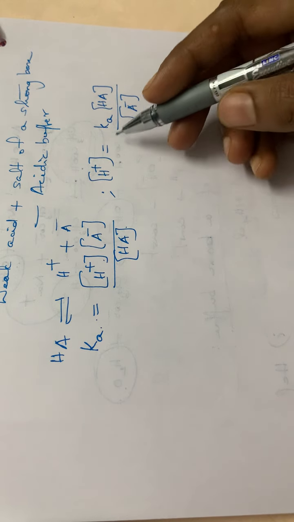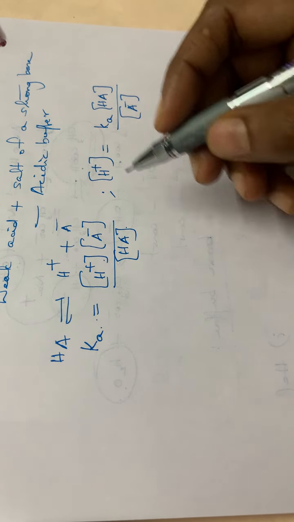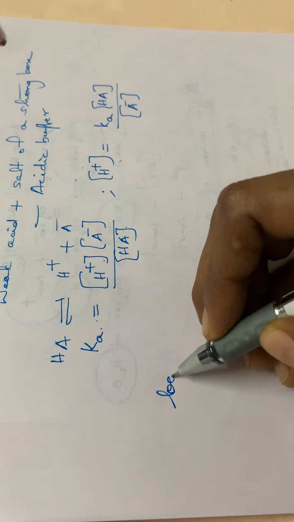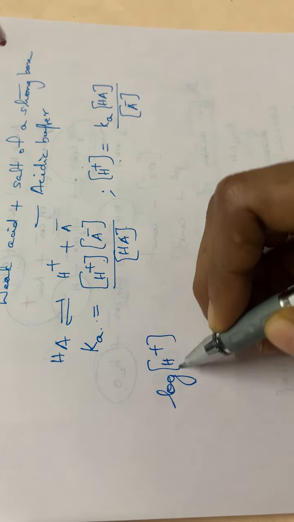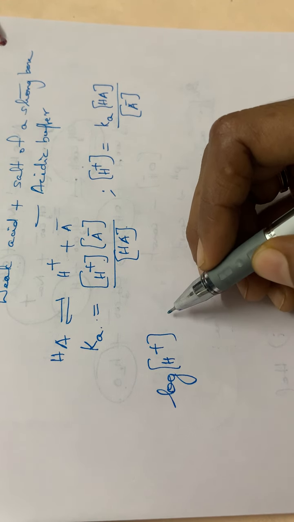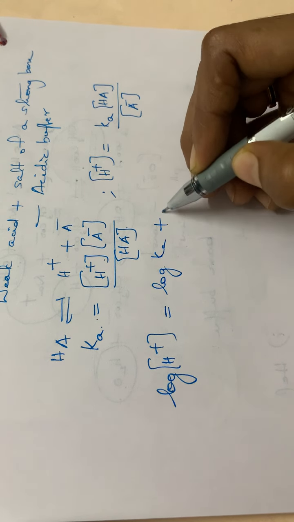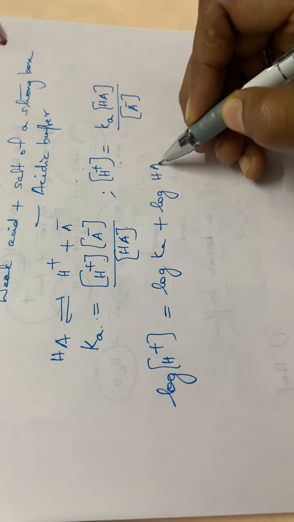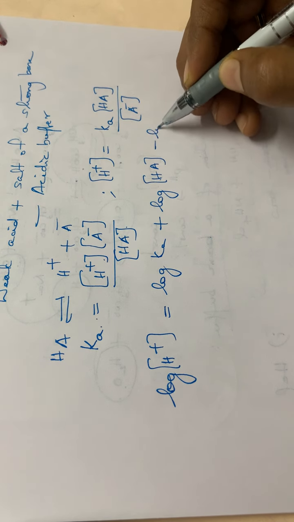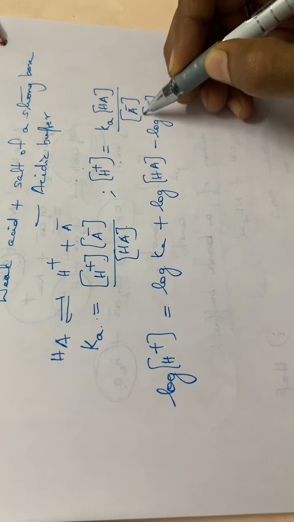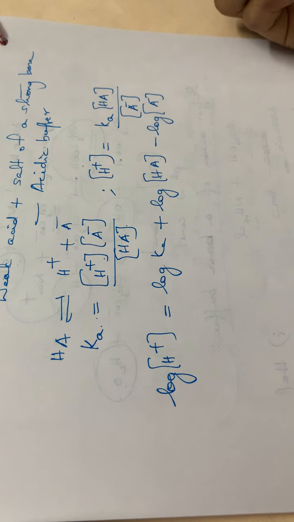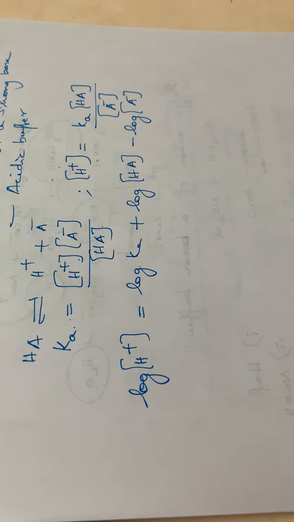Then you have to take the logarithm of this equation. So log H plus. We did this type in salt hydrolysis, isn't it? So log H plus is equal to log Ka plus log concentration of HA minus log A minus. Then you have to put it as negative logarithms.